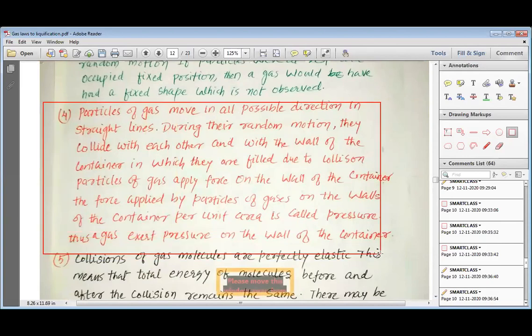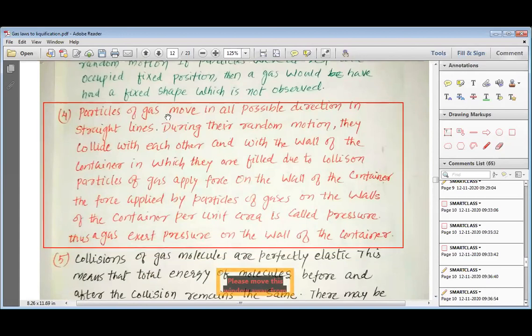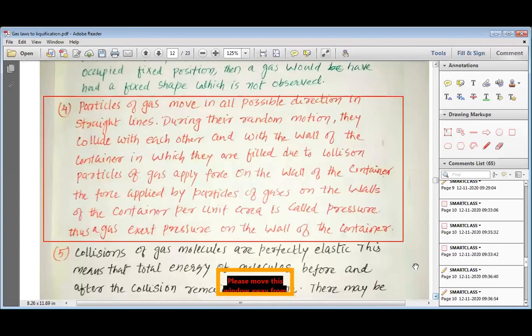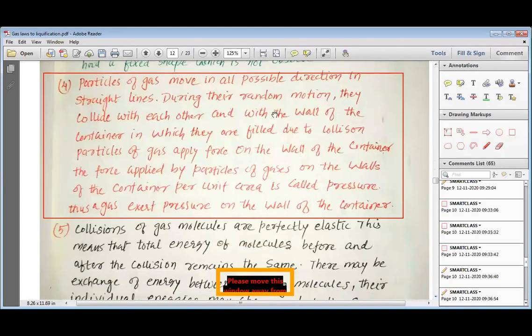The next postulate says that the particles of gas move in all possible directions in straight lines during their random motion. They collide with each other as well as with the wall of the container in which they are filled. Due to collision, particles of gas apply force on the wall of the container.